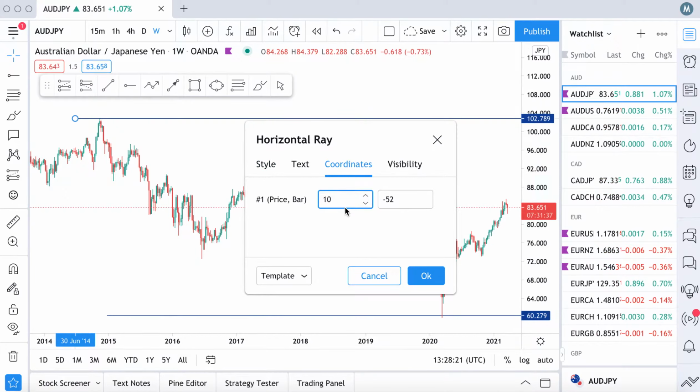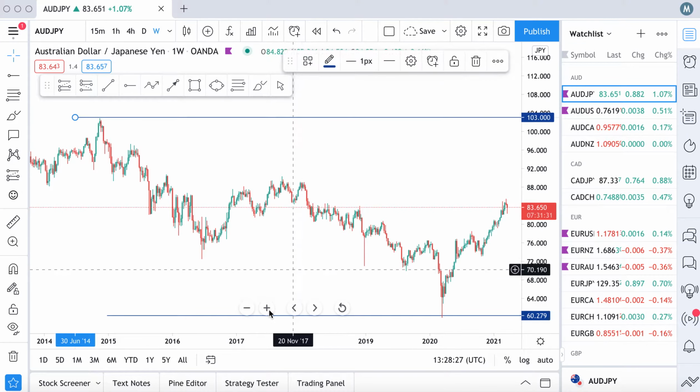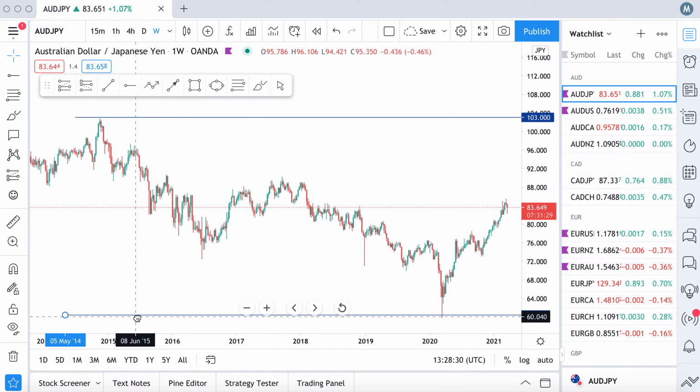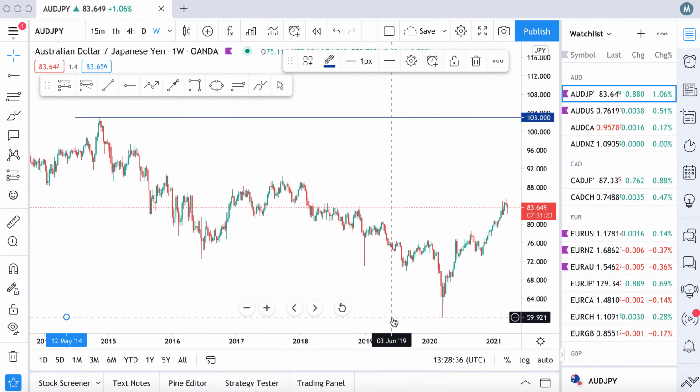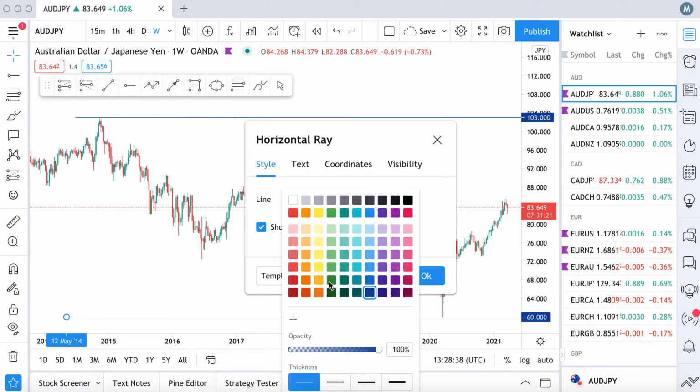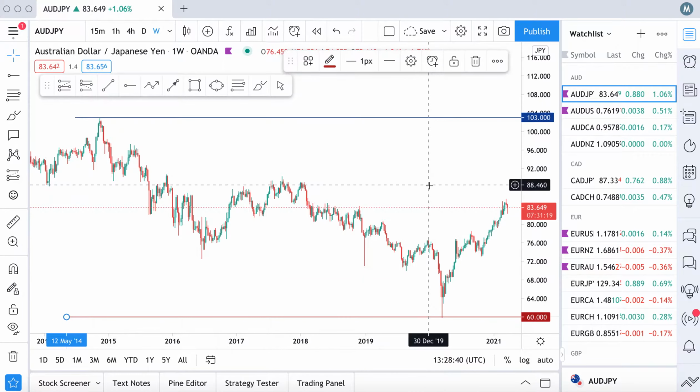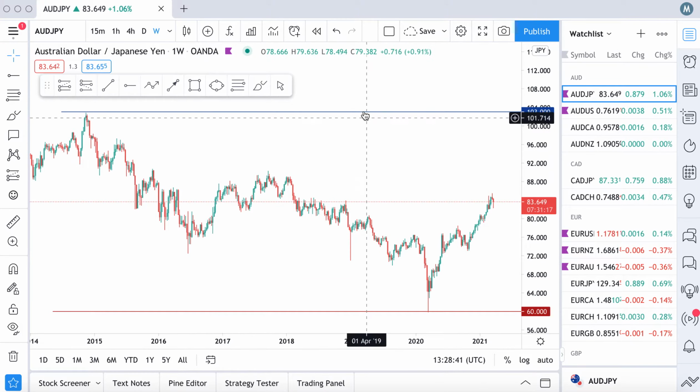The reason they should be round numbers is because most banks are placing their orders at round numbers, meaning price is most likely going to fluctuate at a round number. So I'm having these psychological values on my chart as well, just to get an advantage. We can see that we're actually trending within these two extremes.